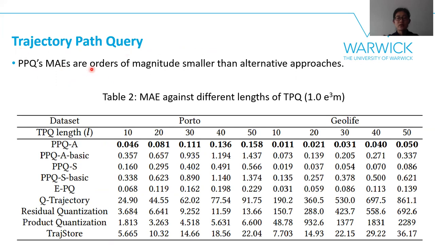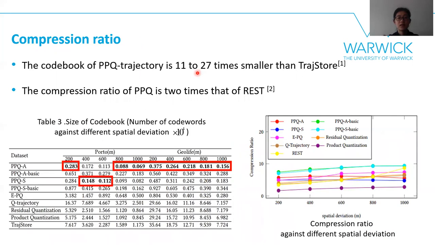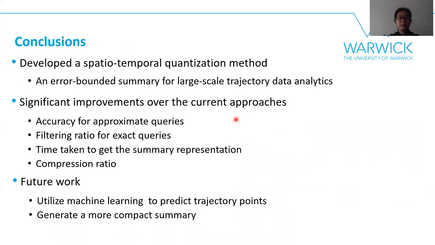The mean absolute errors of our solution are orders of magnitude smaller than the alternative approaches. In terms of compression, the codebook size of our solution is up to 27 times smaller than Trajstore. Its compression ratio is also 2 times that of REST. More results can be found in our paper.